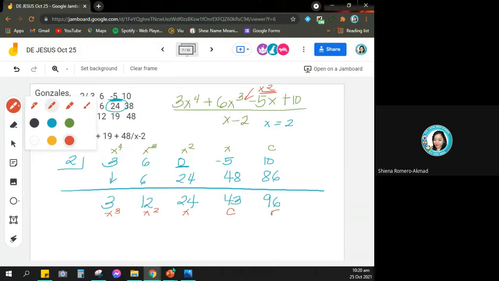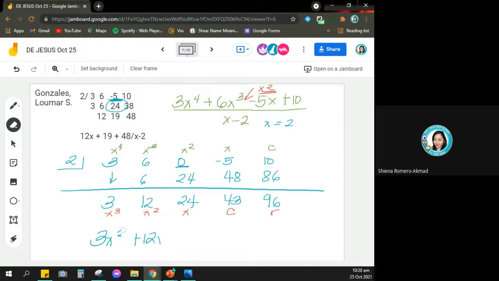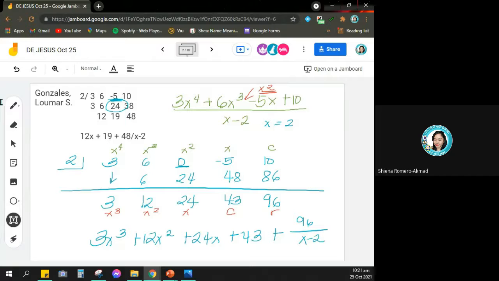Okay, so we have here 3x cubed plus 12x squared plus 24x plus 43 plus 96 over x minus 2. So this will be our answer.